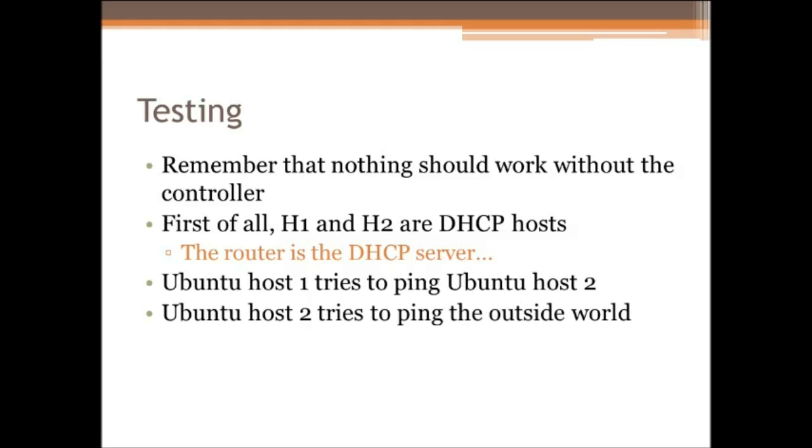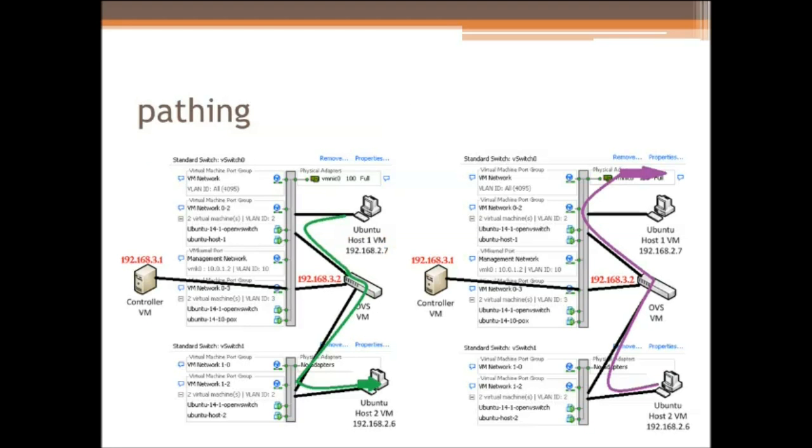So my test was not only that the DHCP addresses worked all around the network, but also that host 1 should be able to ping host 2, and that host 2 should be able to get out to the outside world. And here's a look at those 2 pathways. The green line on the left indicates host 1 communicating with host 2.